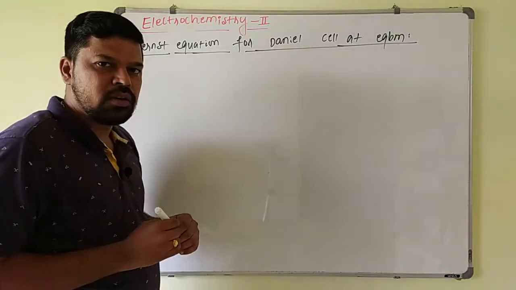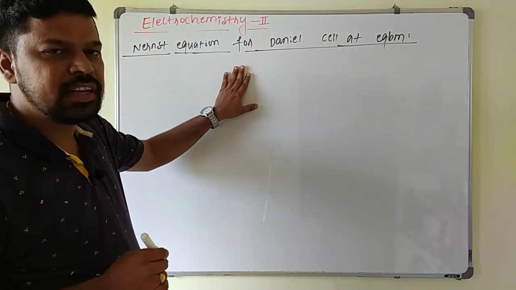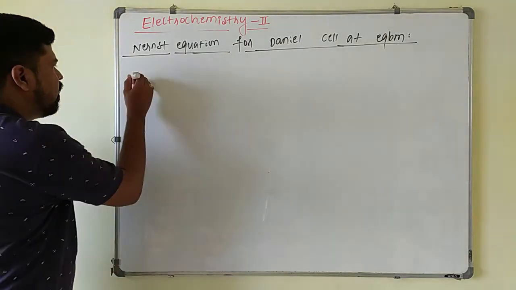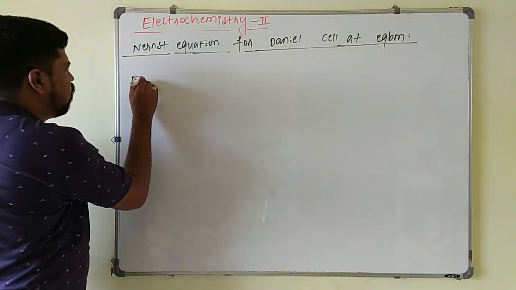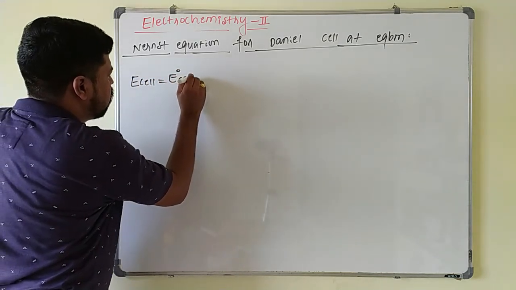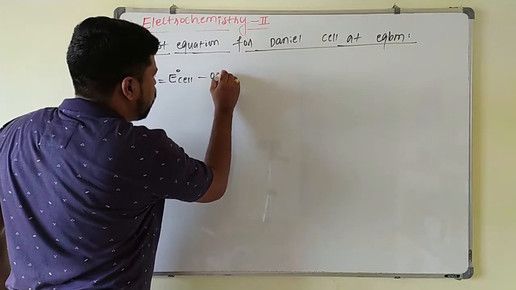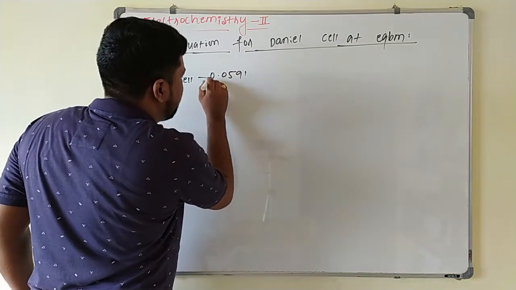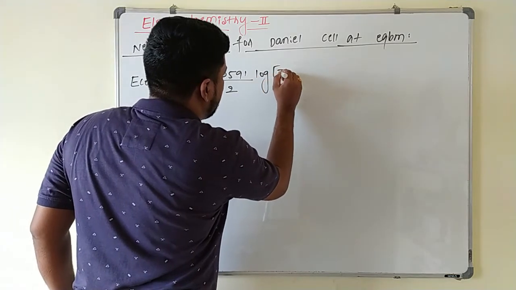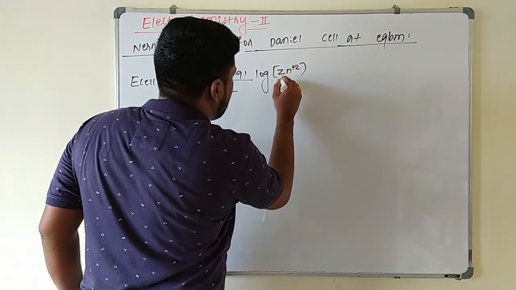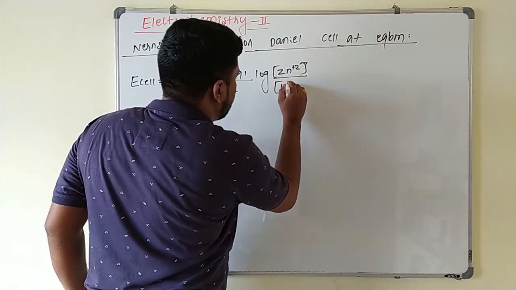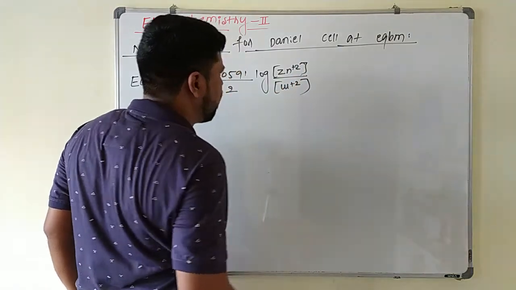Next point. Now we will write the Nernst equation for a Daniell cell at equilibrium. Already we know the Nernst equation for a Daniell cell, that will be E cell is equal to E naught cell minus 0.0591 divided by 2 log of concentration of zinc plus 2 ion divided by concentration of copper plus 2 ion in the electrolytic solution.